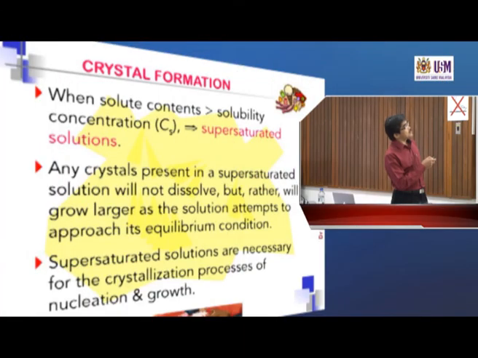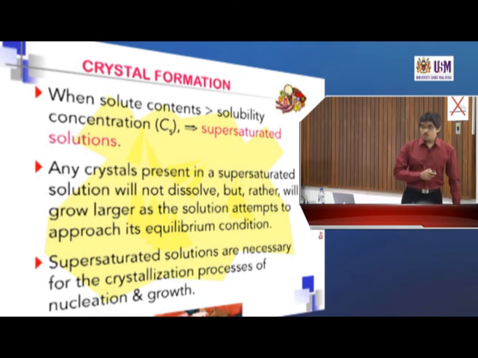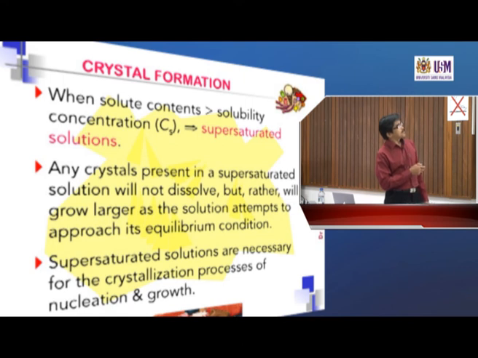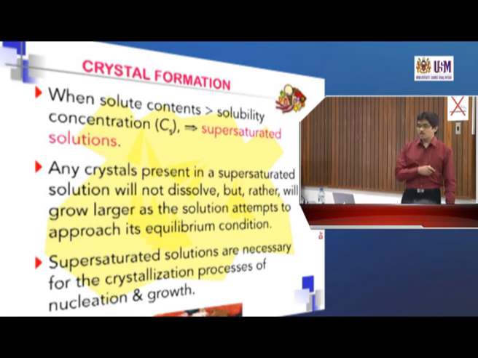When the solid contents exceed the solubility concentration Cs, we get a supersaturated solution. I think we have gone through this slide. Supersaturated solutions are necessary for the crystallization processes, starting from nucleation, then after that, growth. How to achieve supersaturation?